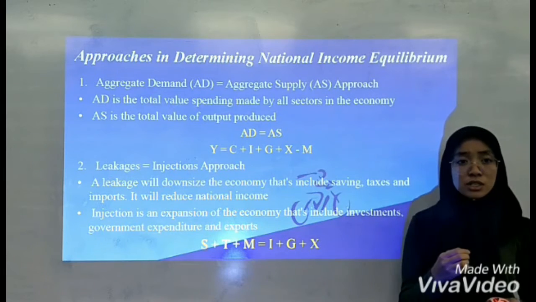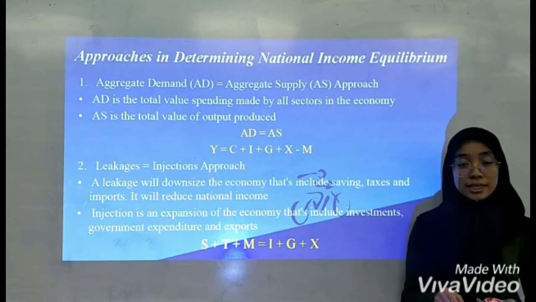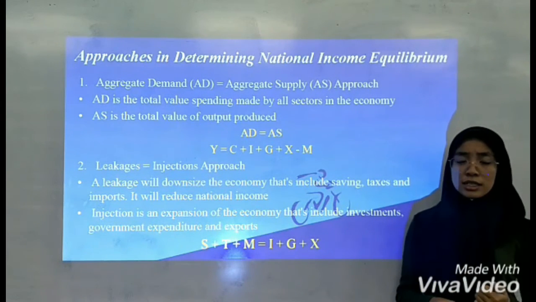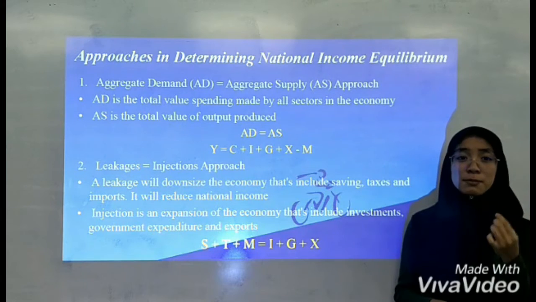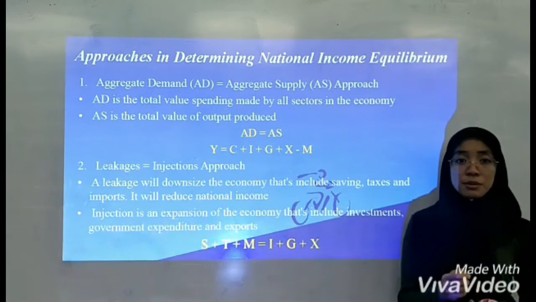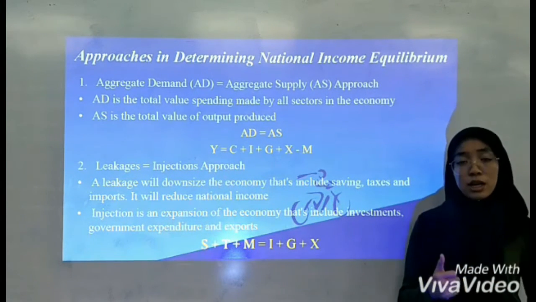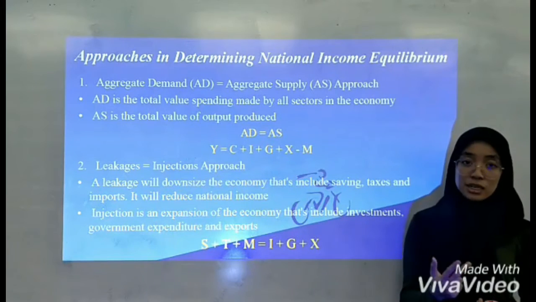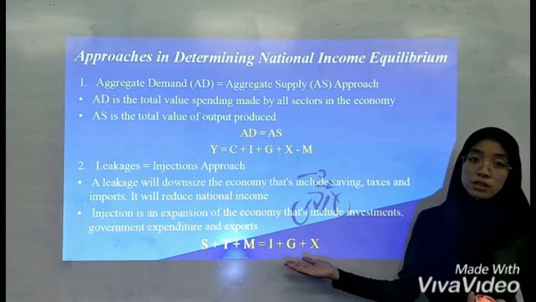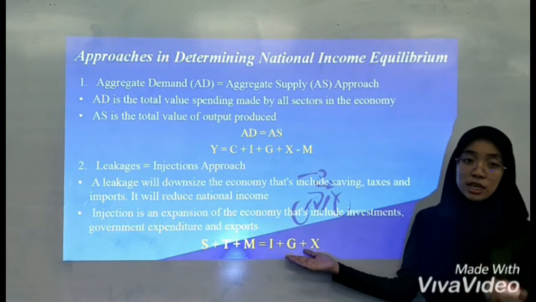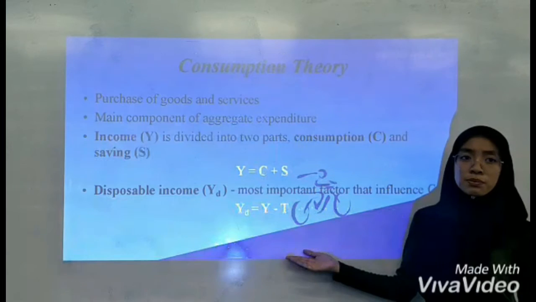So this leakage will reduce the national income. Injection is an expansion of the economy that includes investment, government expenditure, and exports. So this is the equation for the leakage and injection approach.